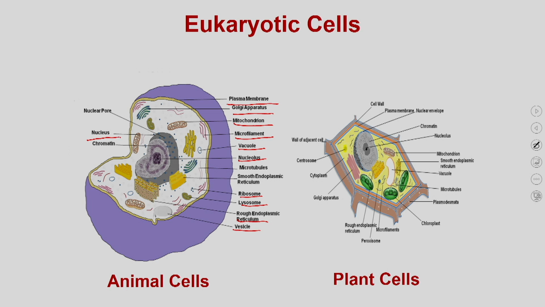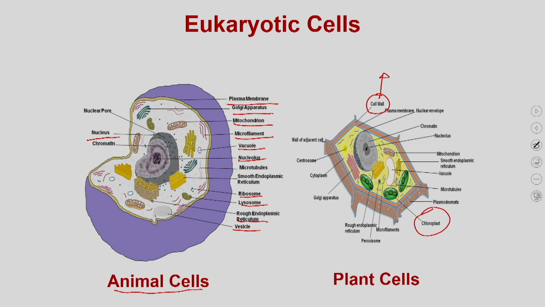All these properties of an animal cell are also present in the plant cell, except that the plant cell also contains a cell wall similar to the bacteria, and the cell wall of the plant is different from the bacterial cell wall.